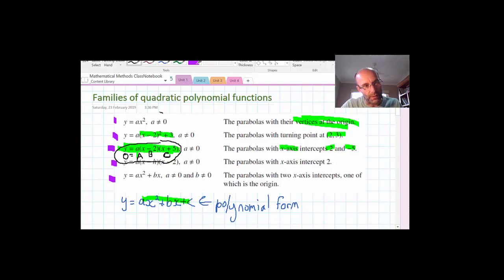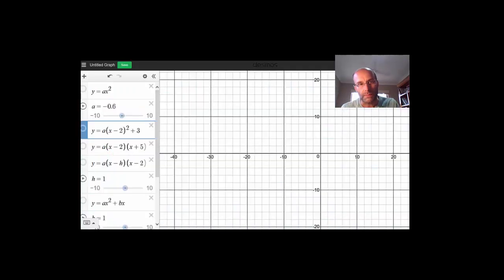So a won't equal 0 because of what we've established all over the place here. b could equal 0, and c could equal 0. And so for b to equal 0, you've got x minus 2 equals 0, and x would equal 2, and so our intercept is 2. Likewise, with this one, x has to equal negative 5 for it to be 0, in turn for y to be 0.